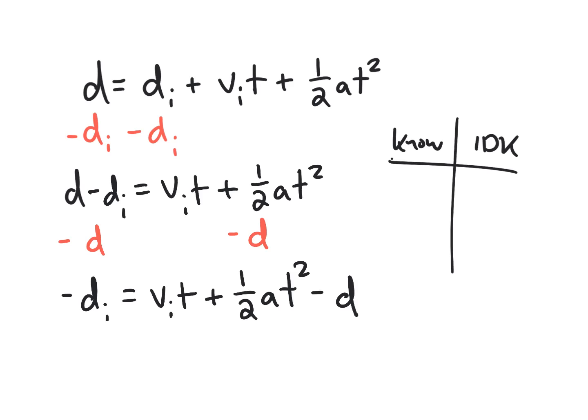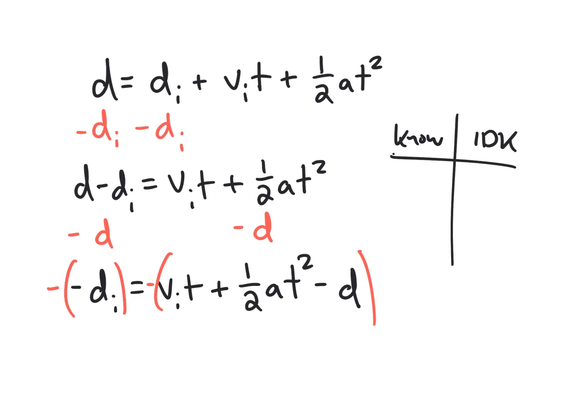But my d sub i has a negative sign in front of that. So if I want to fix that, I need to go ahead and multiply everything by negative 1 on both sides. That would make d sub i positive.